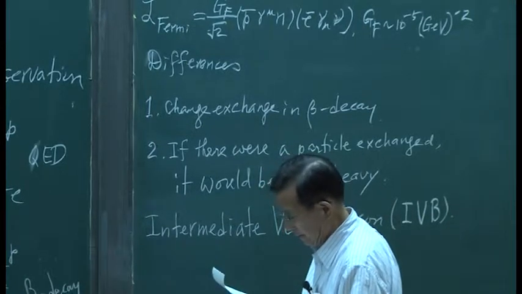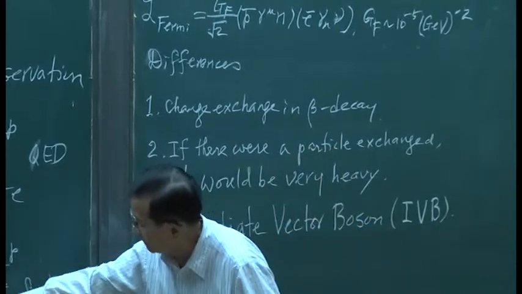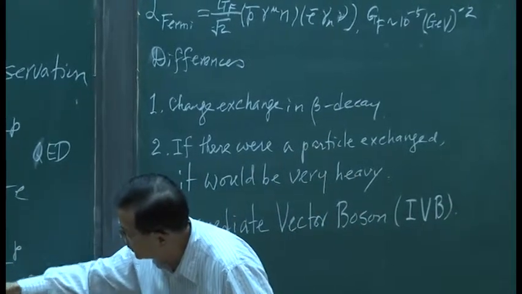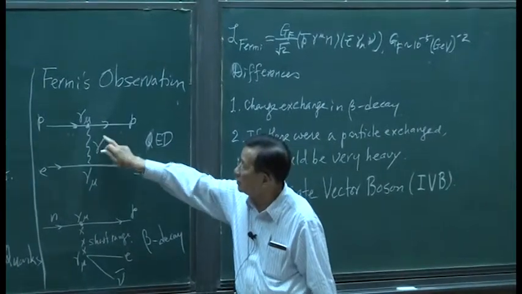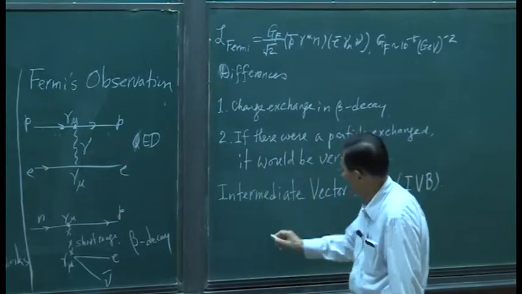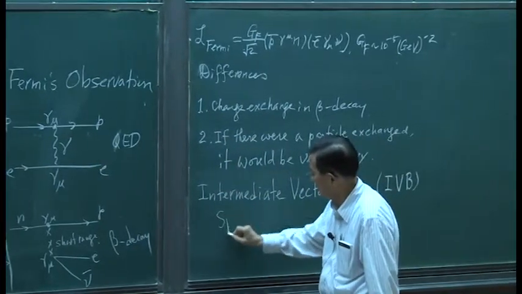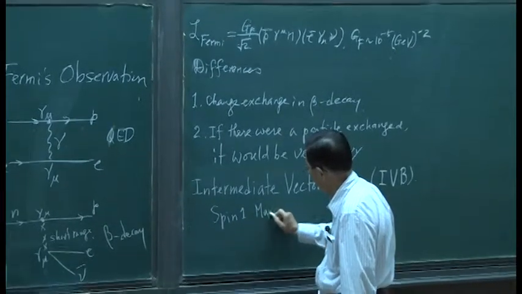Now the problem, if you want to introduce a particle which is exchanged between the two vertices in analogy with this photon exchange, is that you have to use spin 1 and it must be massive.